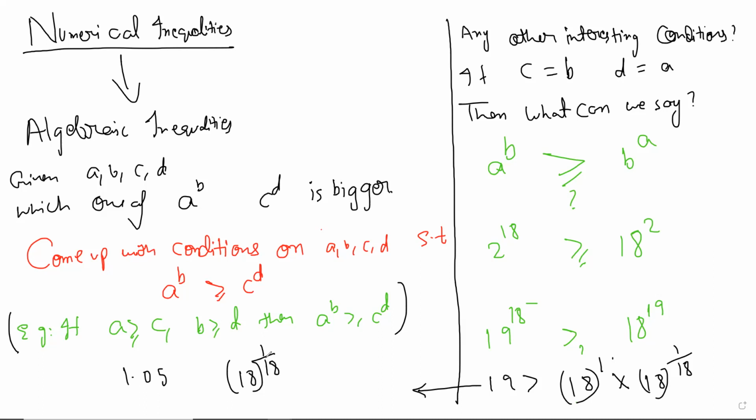Otherwise, we can approximate it with 1 by 20, that's 0.05.